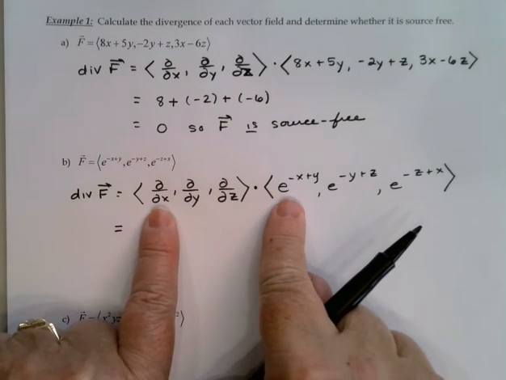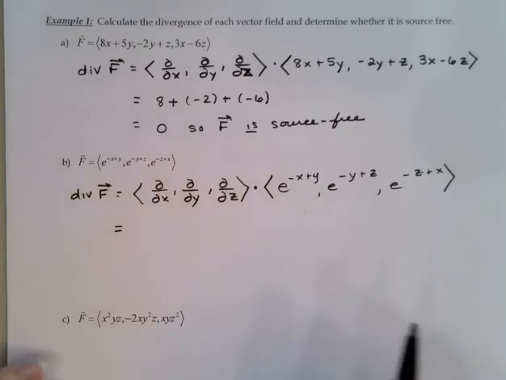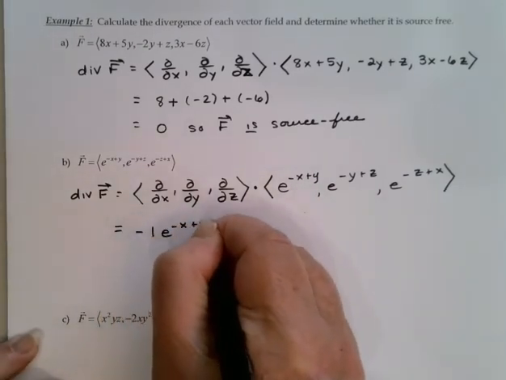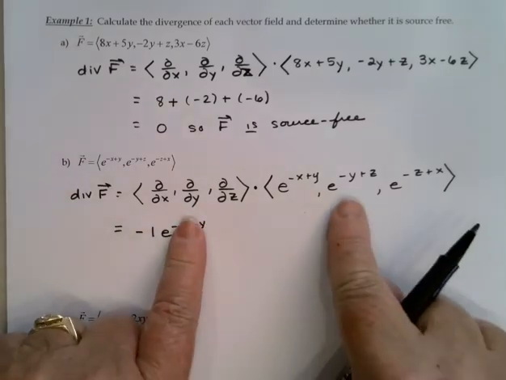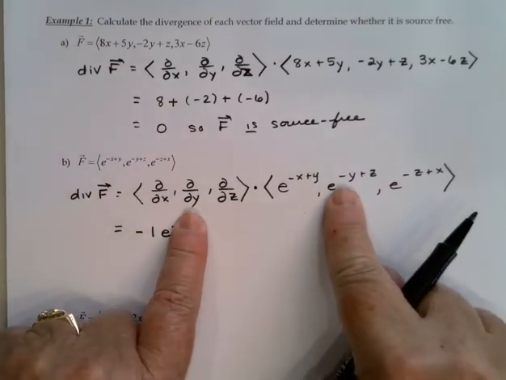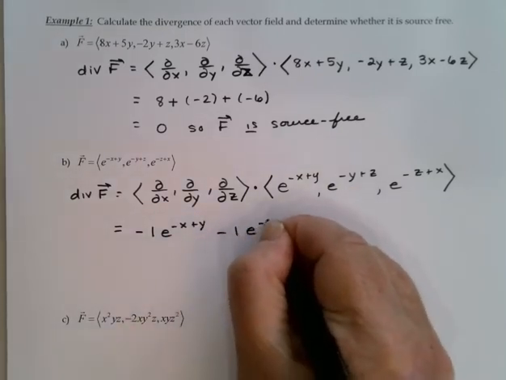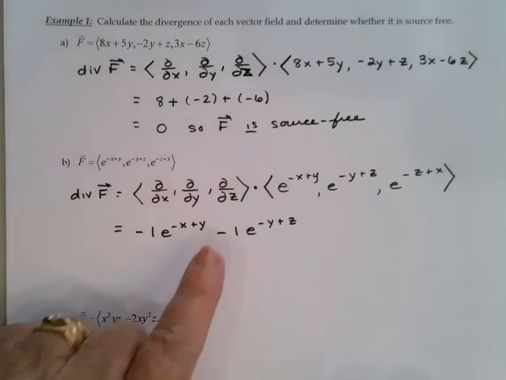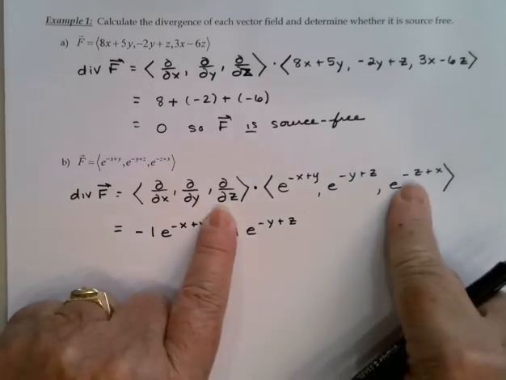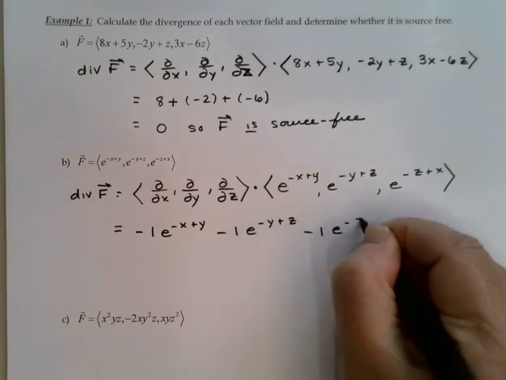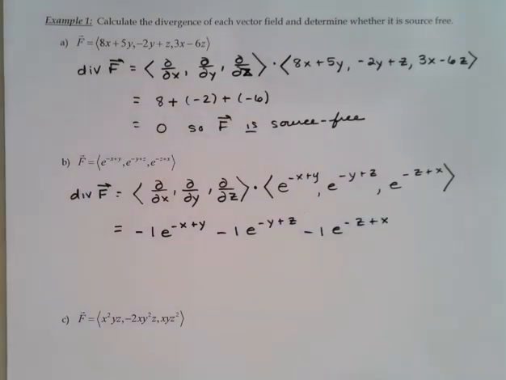We take the first: derivative with respect to x would be a -1 e to the minus x plus y. Plus the second one would be a -1 e to the minus y plus c. Plus the third one, which again chain rule will give me -1 e to the minus z plus x. Now those are not like terms, so I can't combine them.